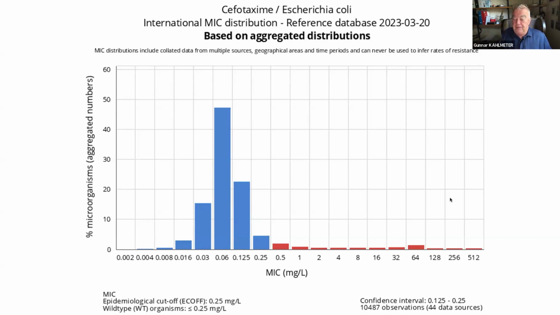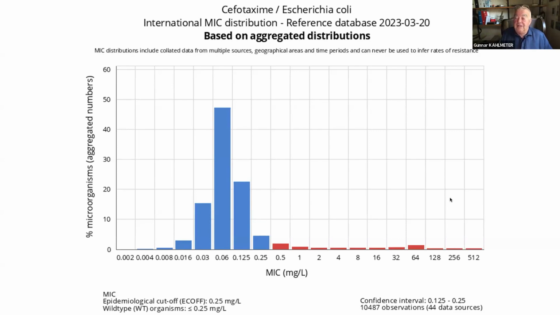The only difference being that the proportion of red bars in relationship to blue bars will be higher in some areas of the world because of a higher degree of resistance than in other areas of the world because of a lower degree of resistance. But the ECOFF is the same.